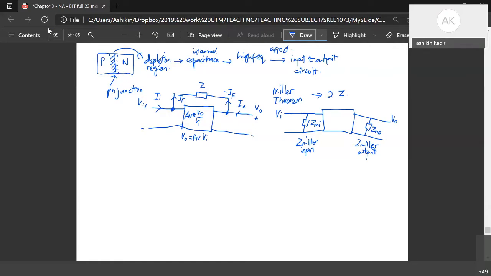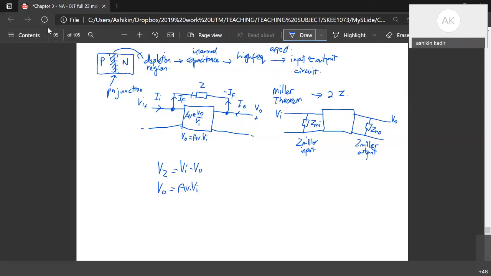All right, firstly, look at the circuit on the left side. Here we want to determine how much VZ is, the voltage across the capacitance, the Z notation. VZ equals V input minus V output, and V out also equals AV dot VI.